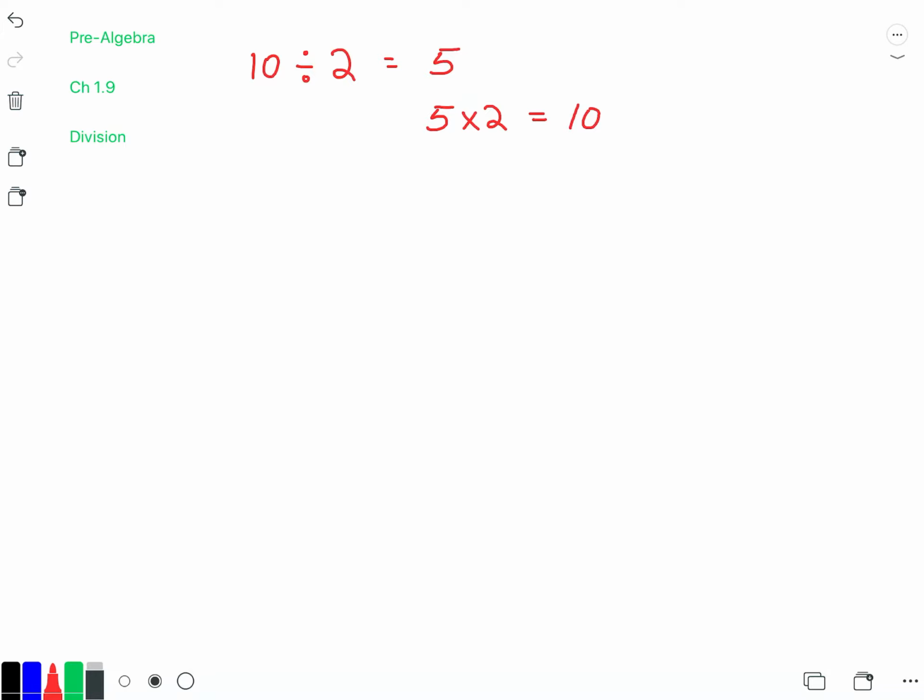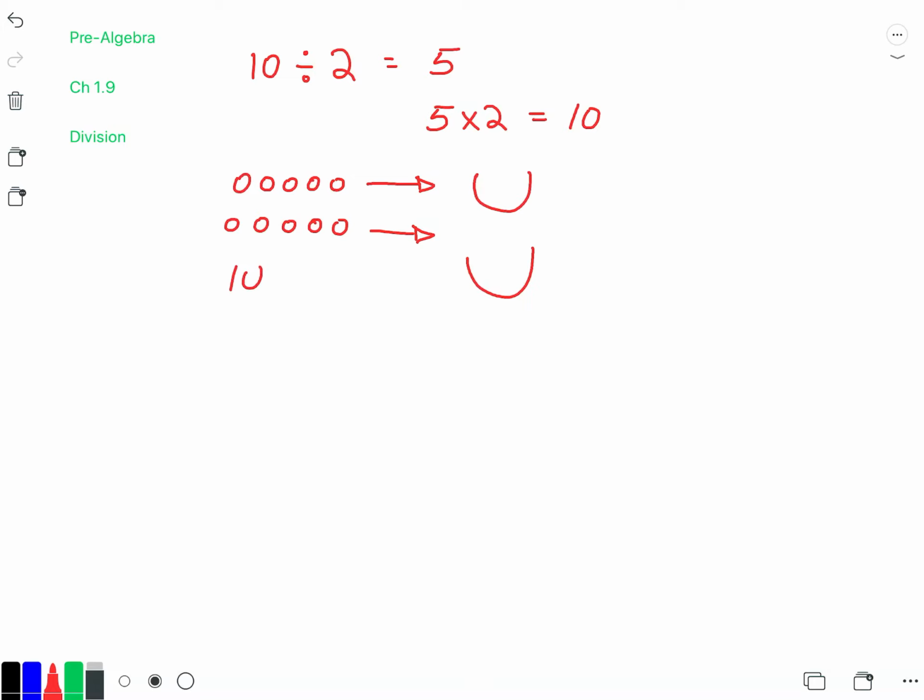Now, if you're looking at this visually, you might say to yourself, look, there are 1, 2, 3, 4, 5, 6, 7, 8, 9, 10 Skittles, and I need to divide them into 2 bags, right? How many Skittles would I put in each bag? Well, there's 1 bag, there's 2 bags.